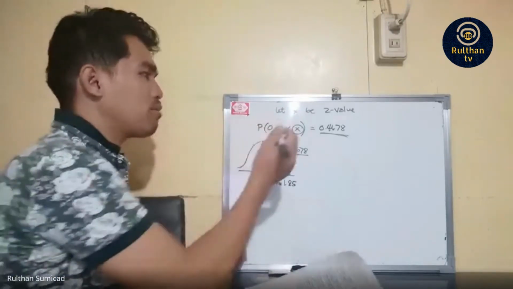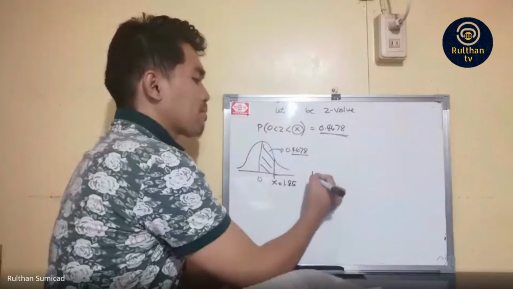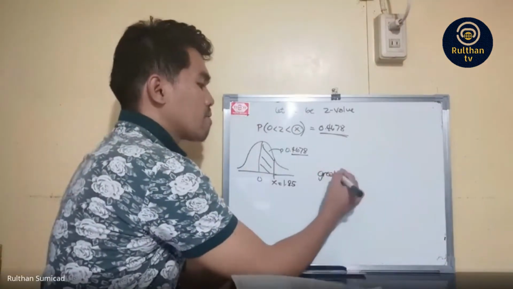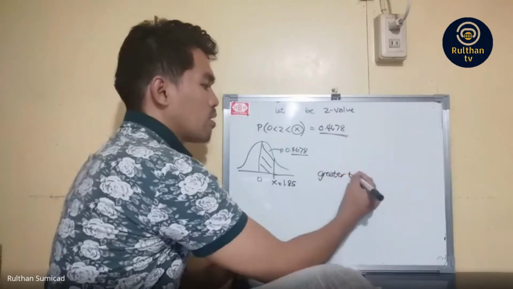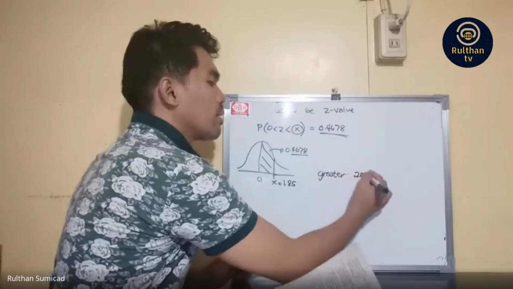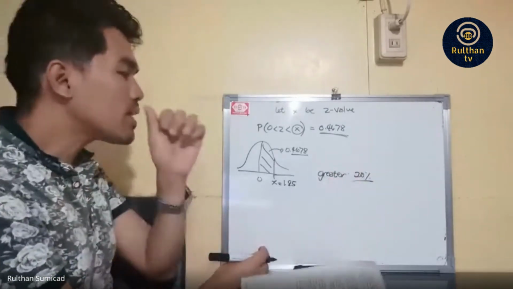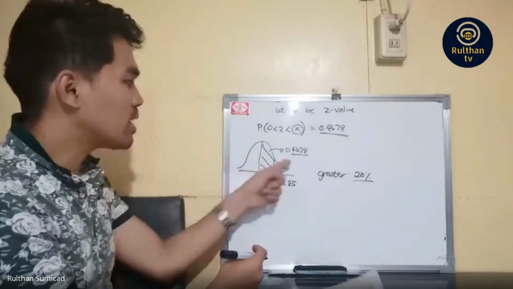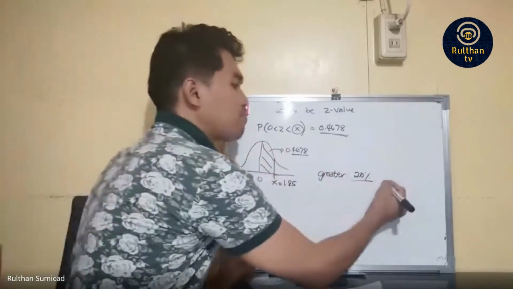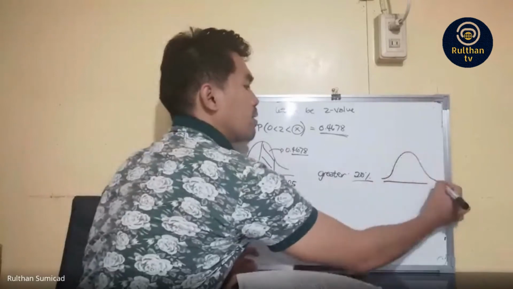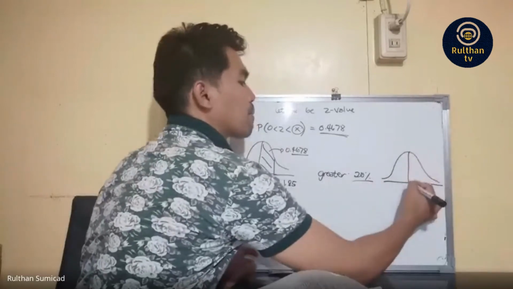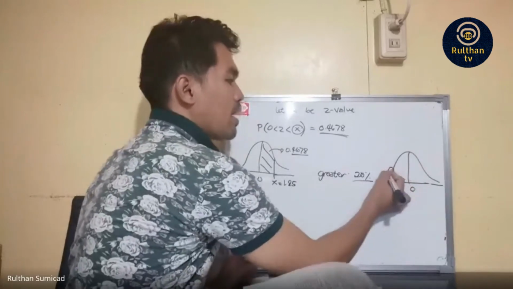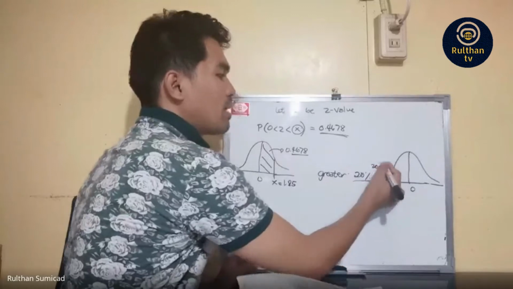Now let's try to find the next given. What is the z-score of a distribution that is greater than 20%? Take note, this is 100%. So in a diagram form, we're going to have it this way. 0. Let's say this is the 20%. This area here is 20%.